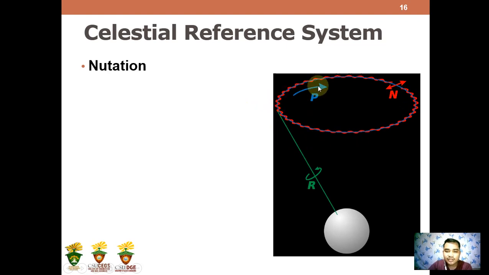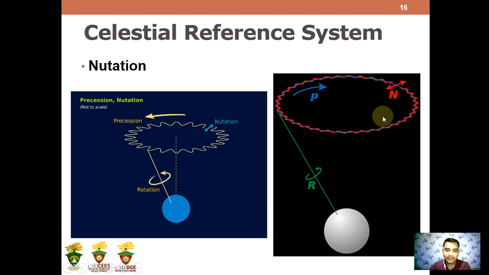And precession is that change in orientation. Nutation is this one, this red, no? It follows that path. Here R is rotation, P is for precession, and the red is the nutation. Another one is the rotation from earlier. This is the movement of the Earth on its own axis.